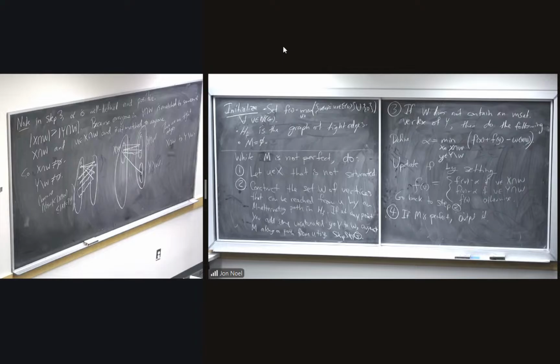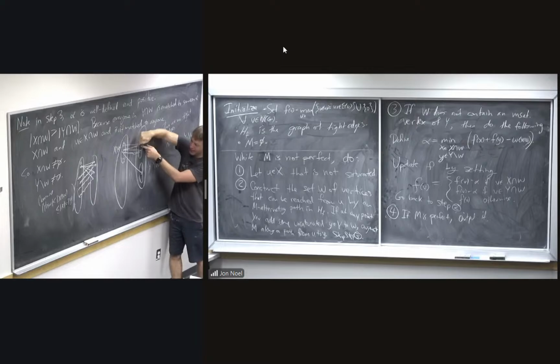Okay. But now the idea is, by doing this update, we're decreasing everything in X intersect W by alpha, and we're increasing everything in the other set by alpha. Anything that was tight here is still tight because the two endpoints just went up and down. And also, it's still going to be feasible.